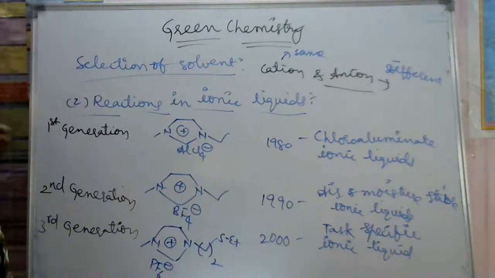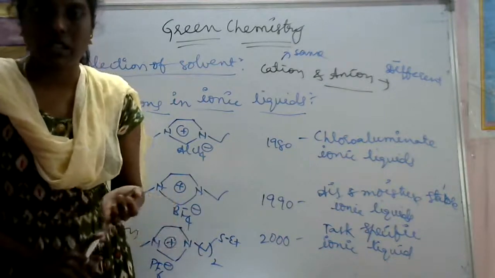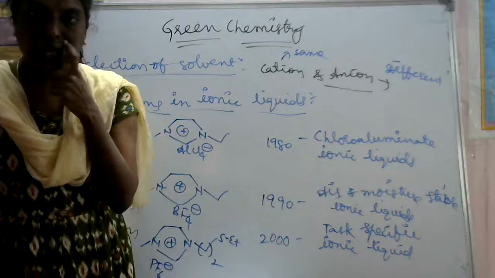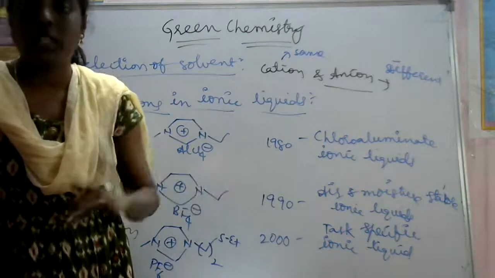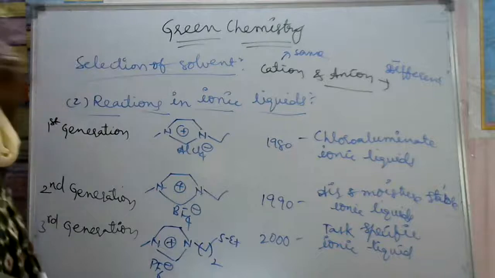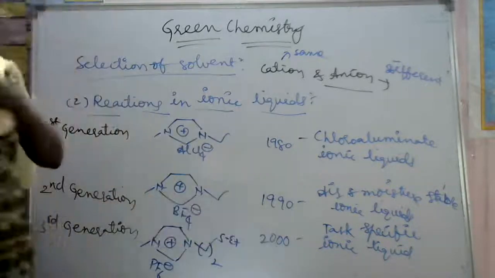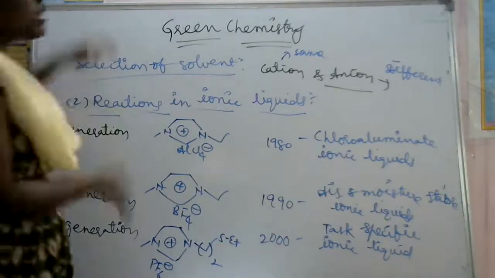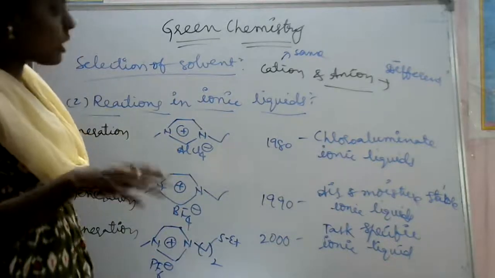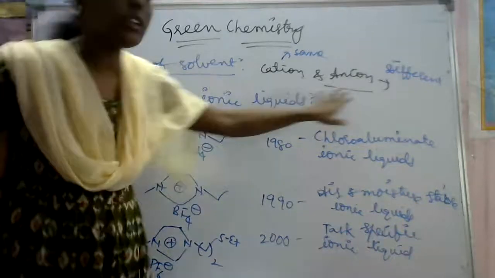We have already seen aqueous phase reactions, where water is the solvent, but here we are using non-aqueous liquids. We are not using any water. These exist in ionic form, in liquid form, containing cations and anions.